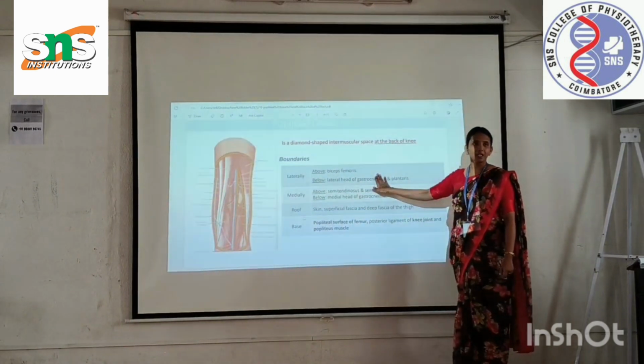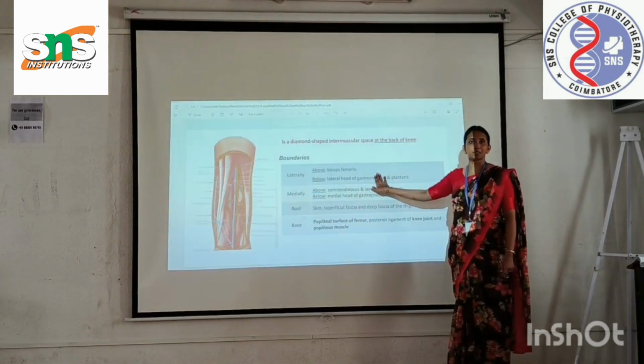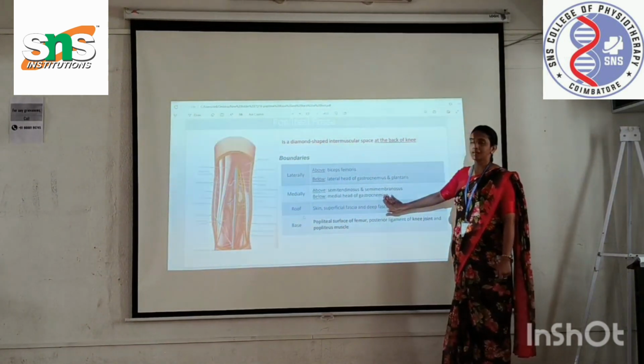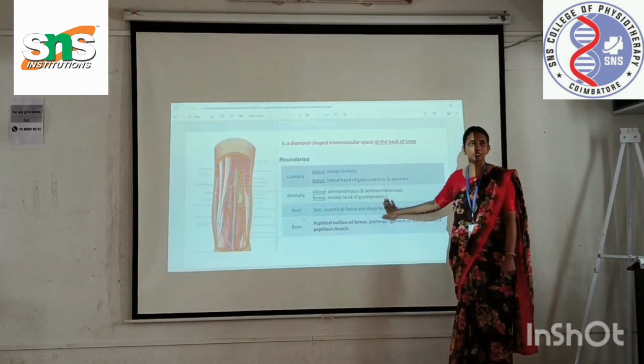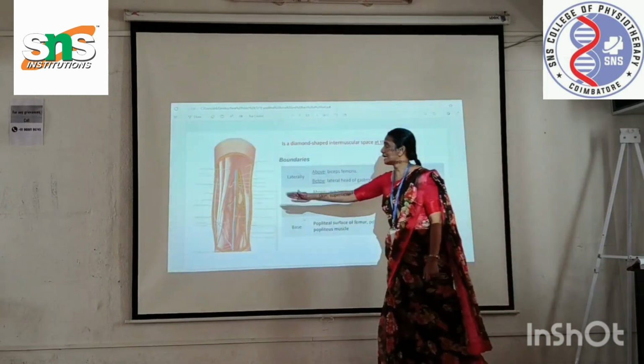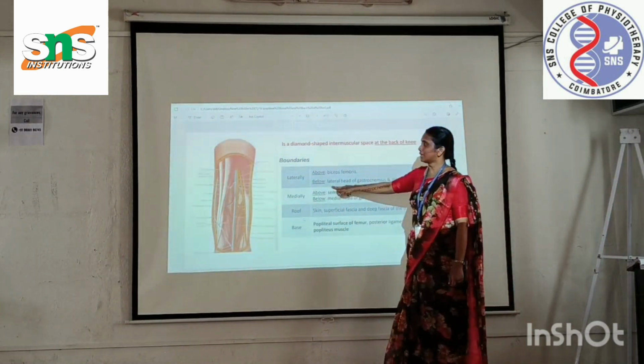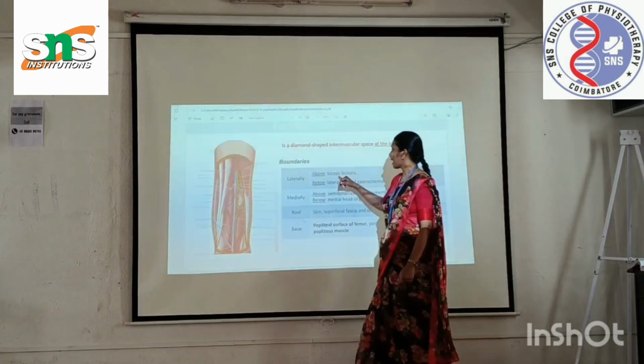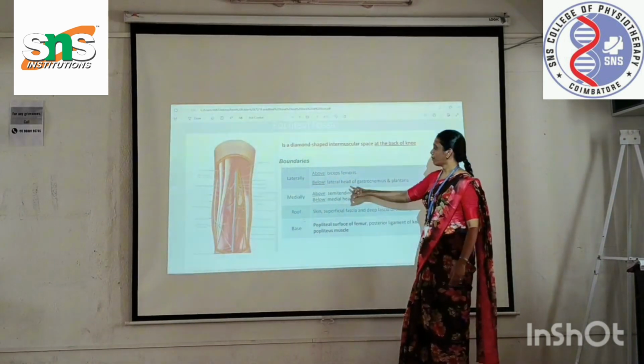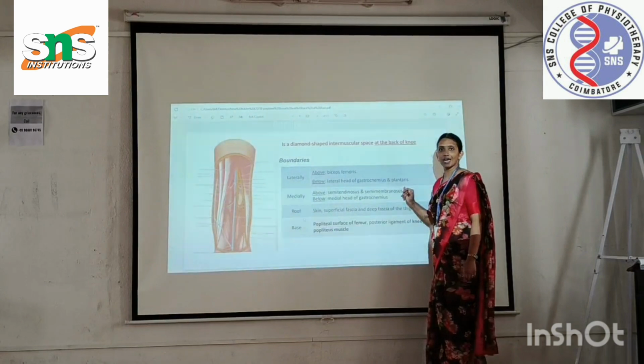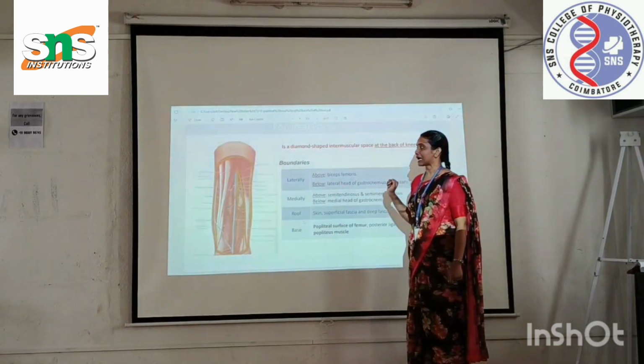So laterally, what are the muscles which are present to form this boundary? Medially, what are the muscles which are present to form this boundary? Laterally, above and below: above is the biceps femoris muscle, below is the lateral head of gastrocnemius and plantaris.